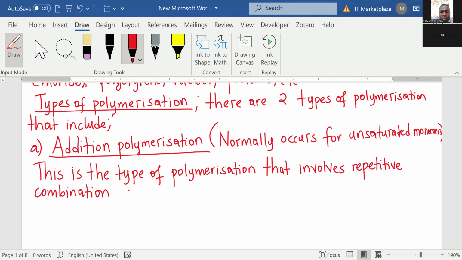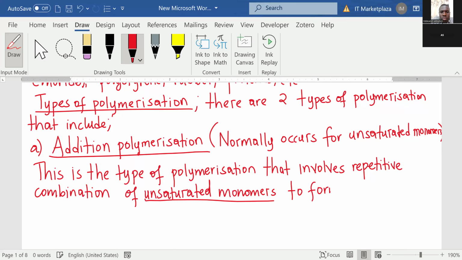So it is repetitive combination of unsaturated monomers in this case. This is very crucial. Repetitive combination of unsaturated monomers to form a polymer.